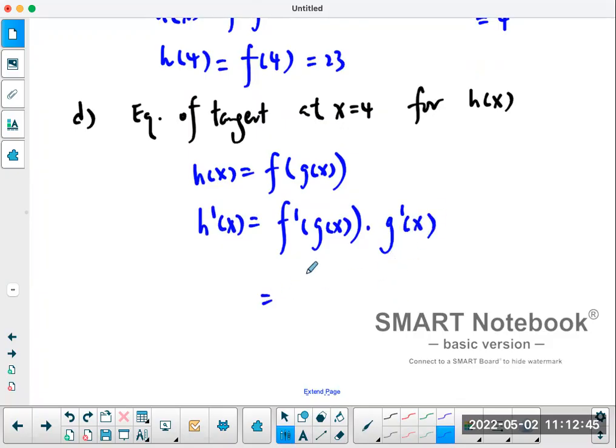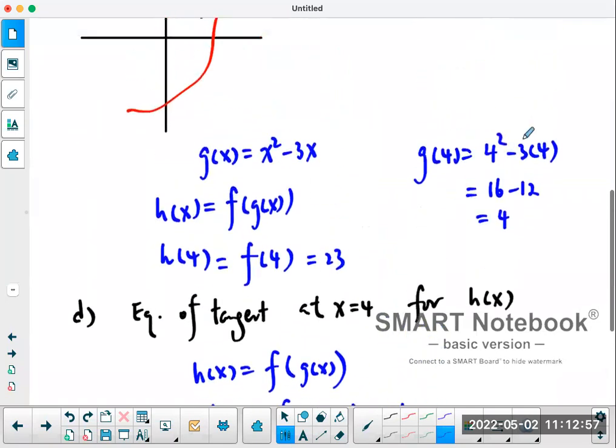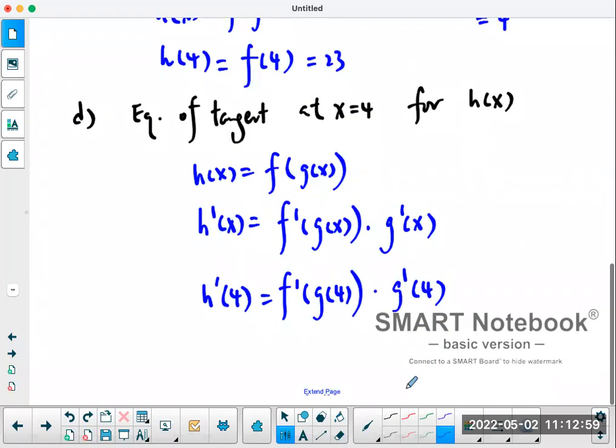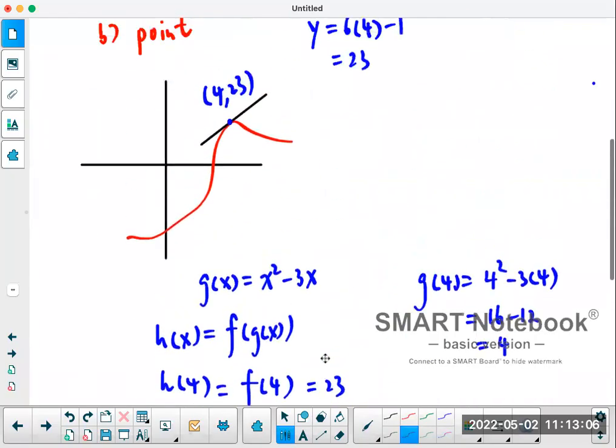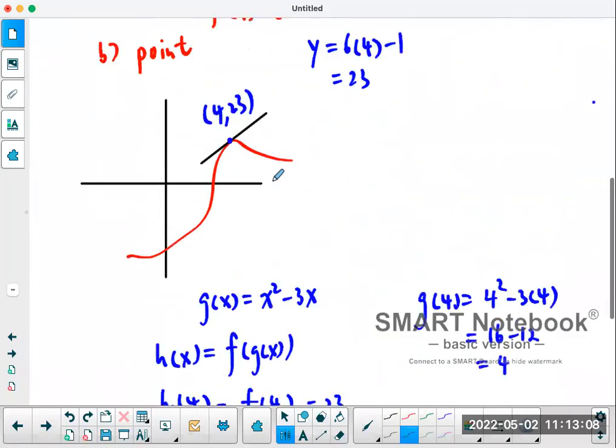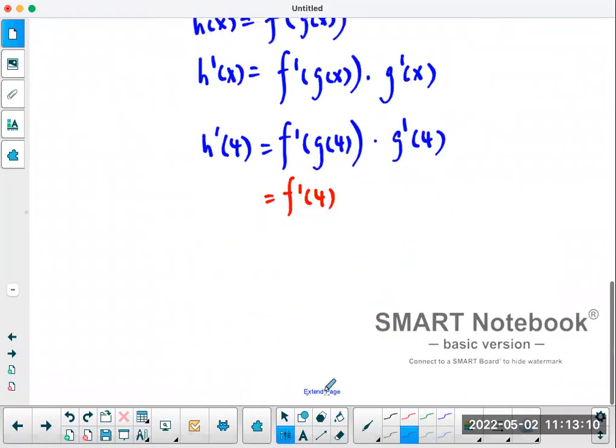Now, you actually do have this information. First of all, what's g at 4? g at 4 is 4. So this is actually equal to f prime at 4. What is f prime at 4? f prime at 4 is 6. You calculated in part A. So this part, it's a 6.